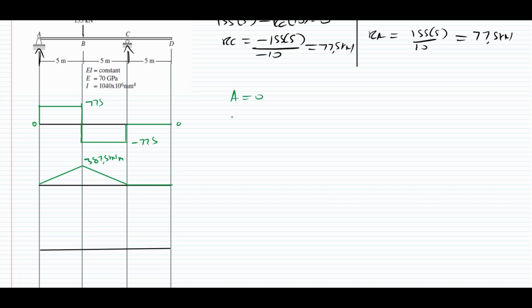At A is 0. At B, 77.5 times 5, which is 387.5. At C, it's 387.5 minus 77.5 times 5, which is minus 77.5. And then at D, it's 0.